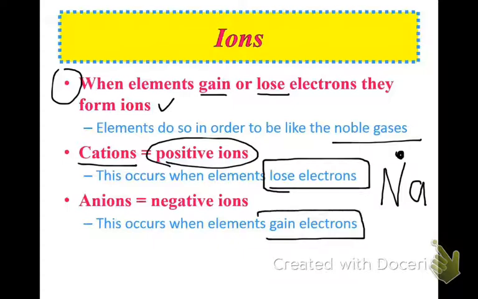Anions gain electrons to become negative ions. For example, oxygen normally has 6 valence electrons. So what it might do is go and gain 2 more. And look, now it has a full 8, a full octet.